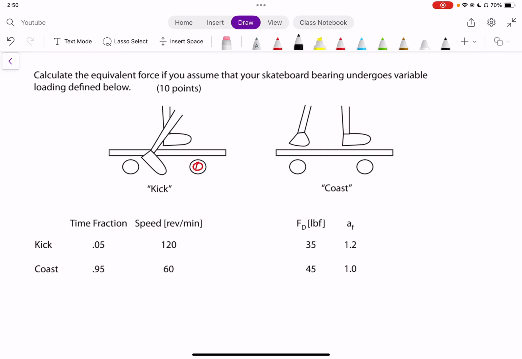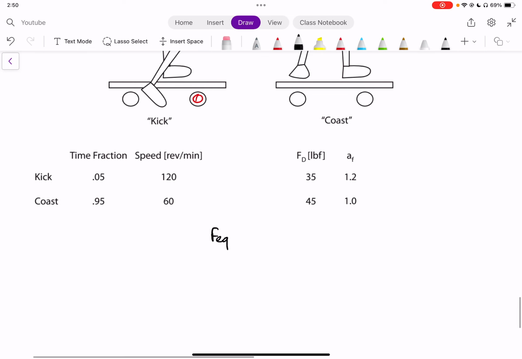And what we're looking for is an F equivalent to go find a bearing in a bearing catalog if we wanted to. So here we already are given the time fraction, so it does make our system a little bit easier. So the only thing we need to find, since we already have TI, or the time fraction, is LI, and I'm going to add it to our table here, and we can find FI.